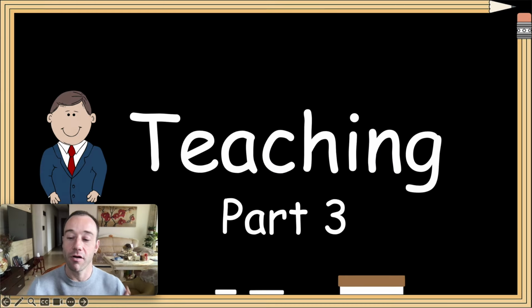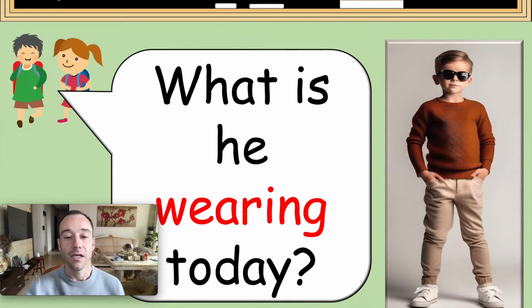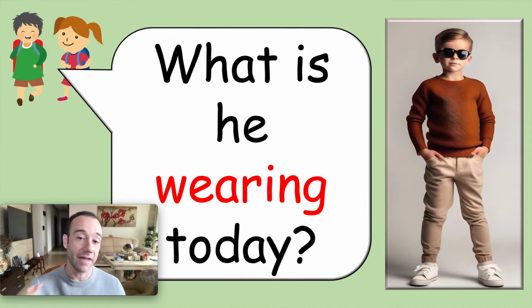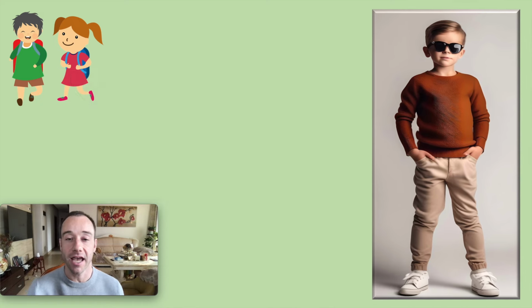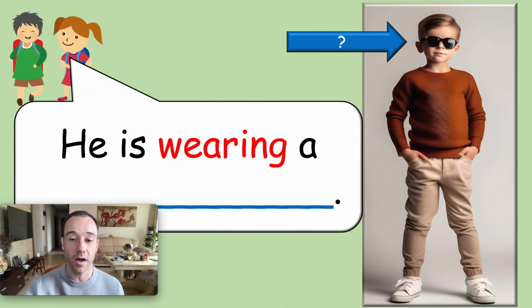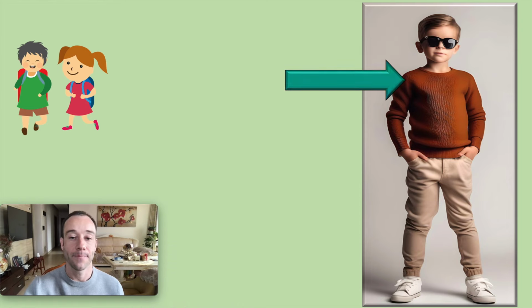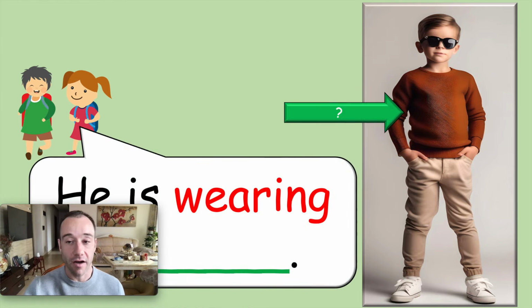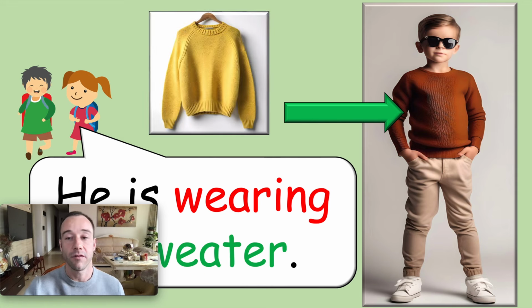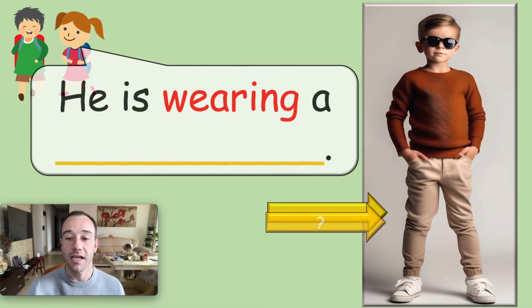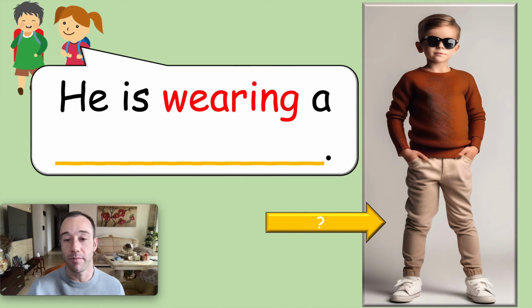So teaching part 3. In this part of the lesson, now we're saying, what is he wearing today, right? So we're gonna go through this again and drill, okay? He is wearing what? A pair of sunglasses, okay? He is wearing a sweater, okay? He is wearing, again, this time I'm not cueing them with the pictures, right?